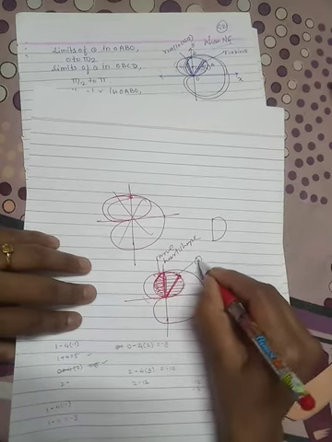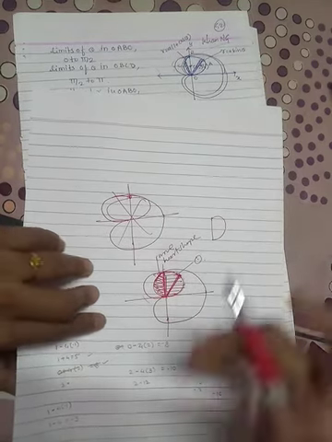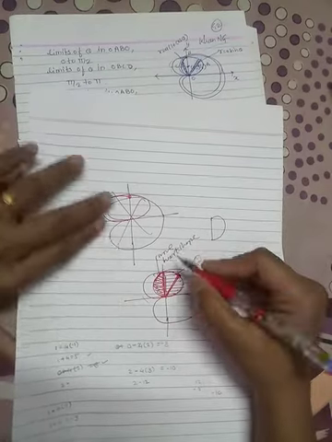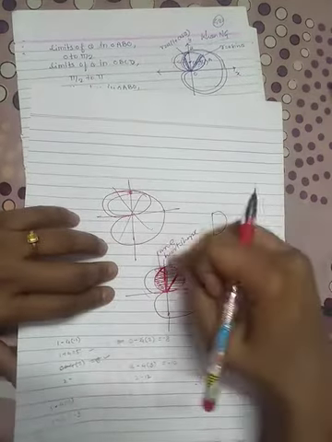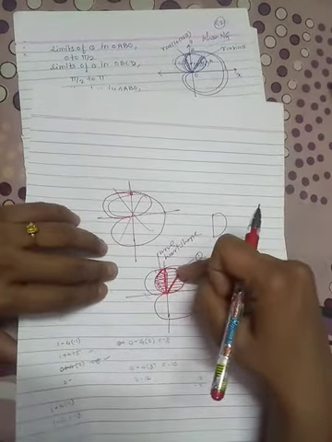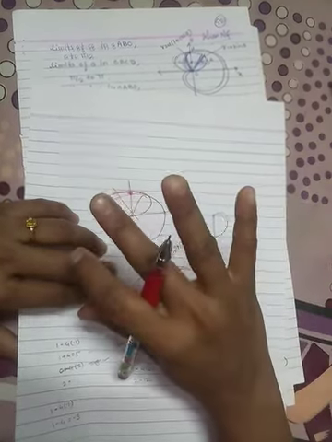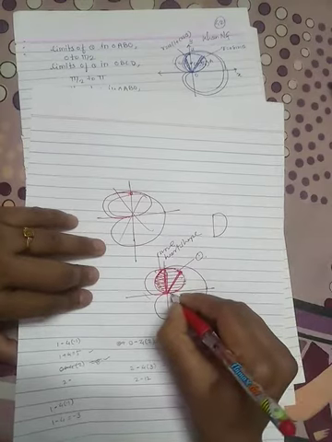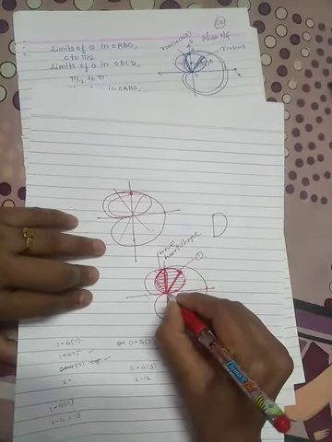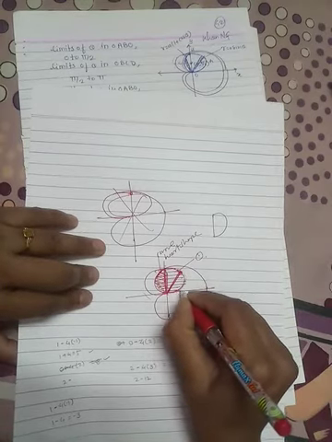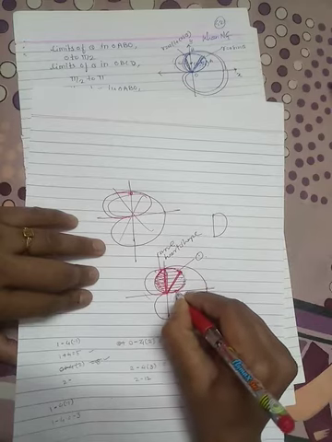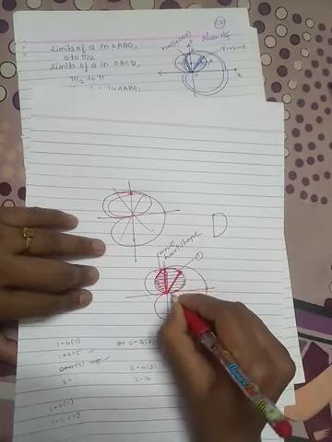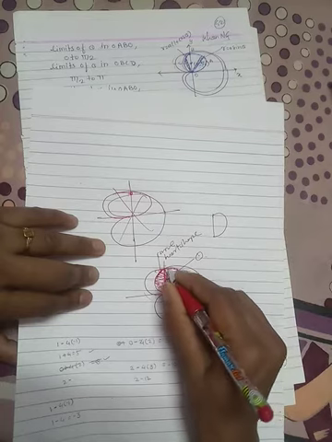This is your circle. So while moving the strip, if the curve changes at the end point of the strip, we have to take a different strip. So from this point, when the strip is moving, the end point of the strip is on the circle.